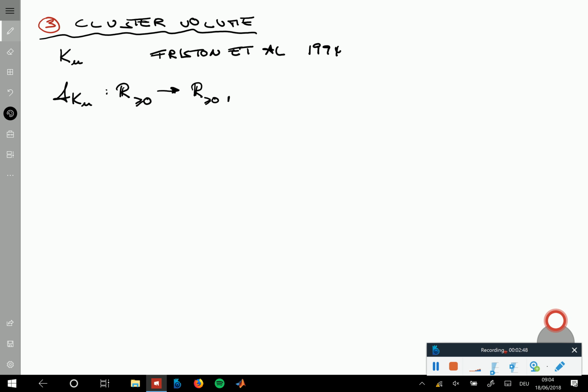The values that the cluster volume can attain are denoted by small k, and these small k's get allocated a probability density. Although I have to admit that I never really checked that this is a density, and of course there's no proof in the literature that this is a density, but let's hope for the best for now. This density takes the following form: 2 beta divided by d.